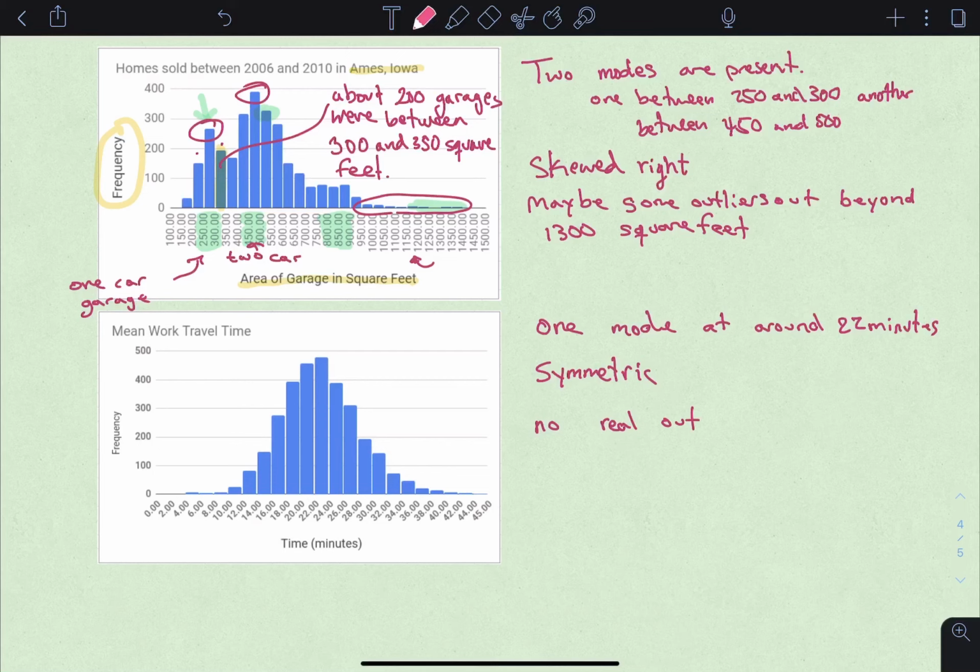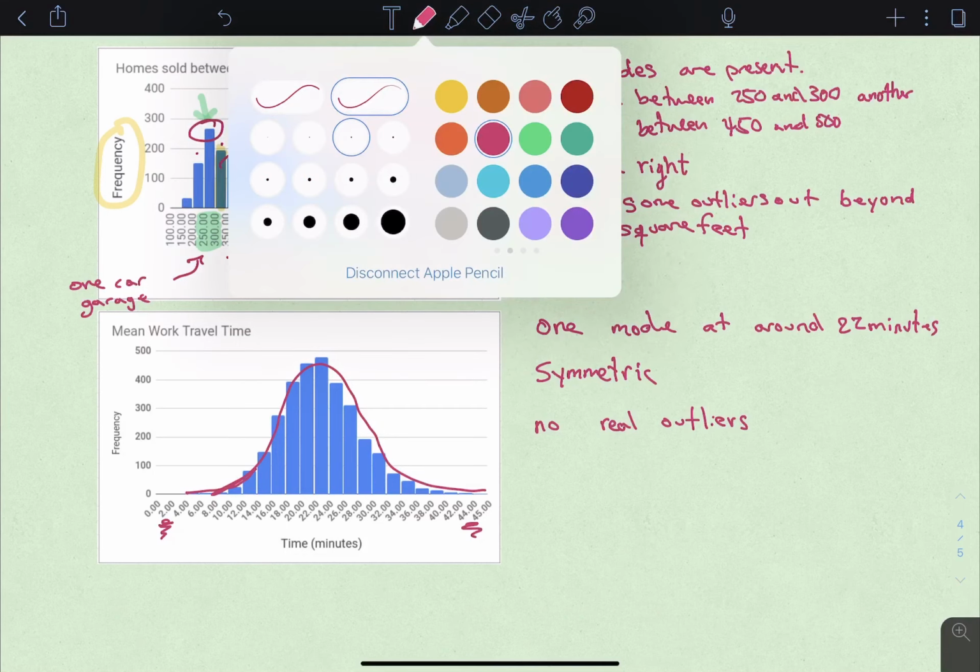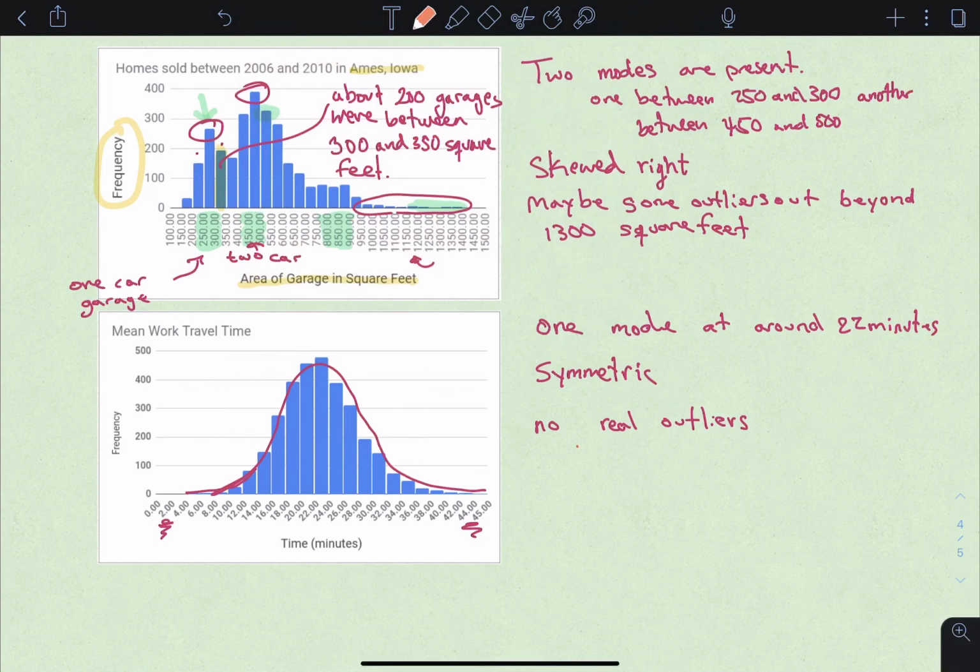This is a bit subjective. You might say a travel time of 44 minutes or 2 minutes is extreme, but there's kind of continuous data touching into the full picture. We'll get into a more exact way to discuss outliers in the future. So this is a bit subjective. We can write that.